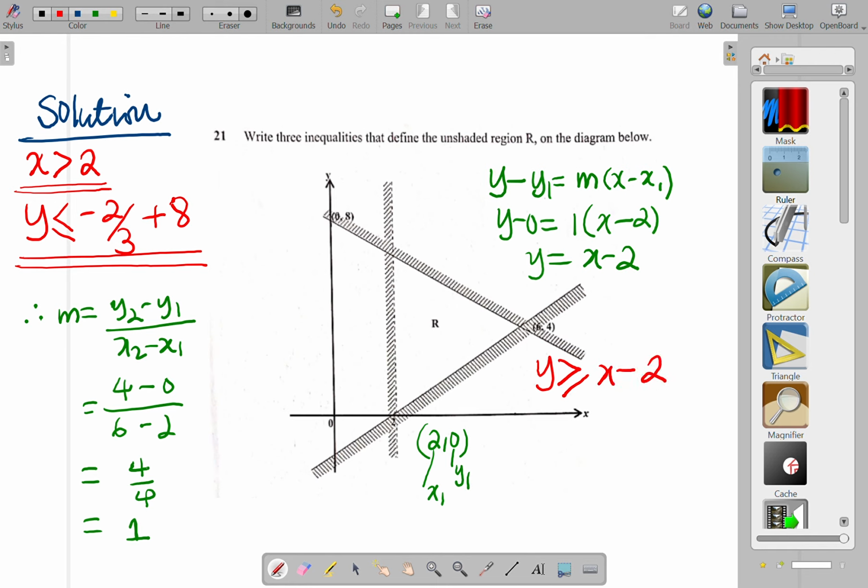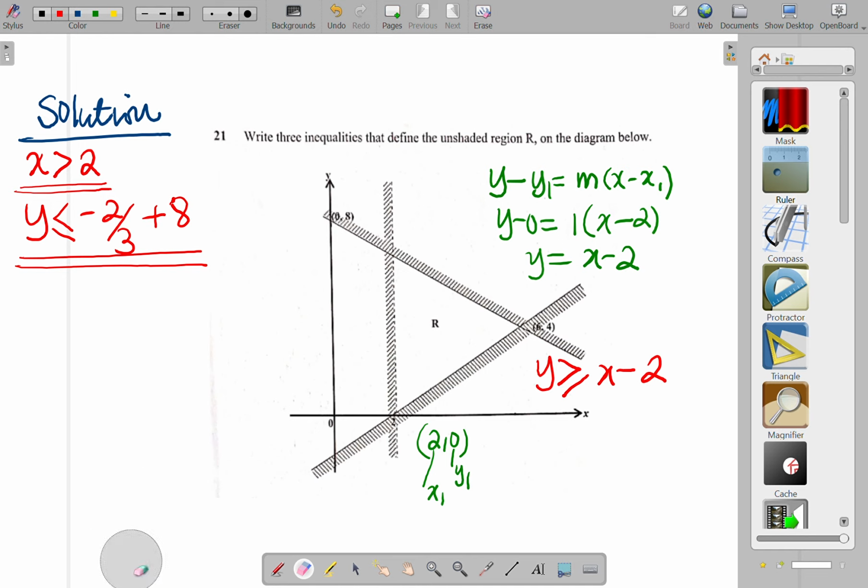So your solution, please, this is a video, you can rewind. Okay, so I'll clear this so that we can have room for our solutions. So the solution there is going to give us y is greater or equal to x minus 2.